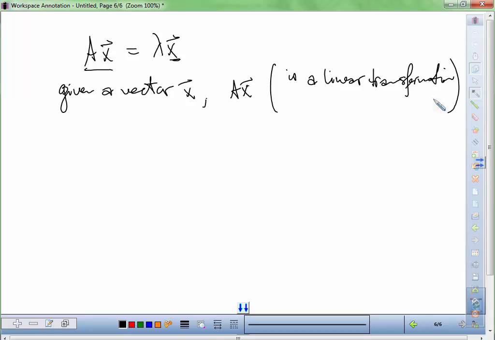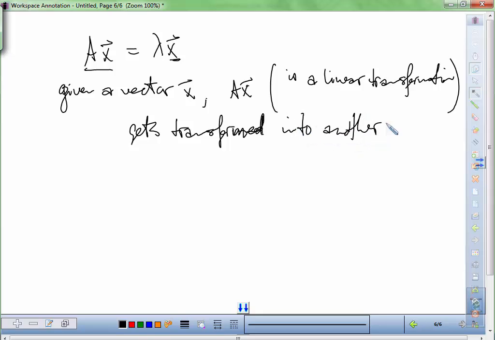And so what that means is that it would take your vector and transform Ax into another vector that is going in the same direction or the opposite direction, that is collinear.